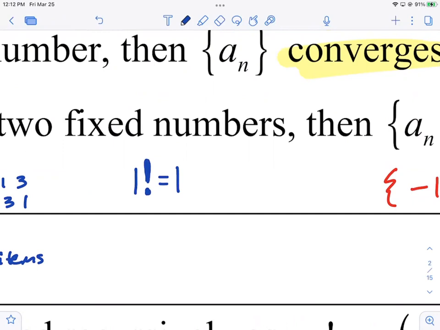We also know that 0 factorial is equal to what? You would think 0, right? But it's actually equal to 1 as well. So what does that mean? That means that while 1 does not equal 0, 1 factorial does in fact equal 0 factorial.